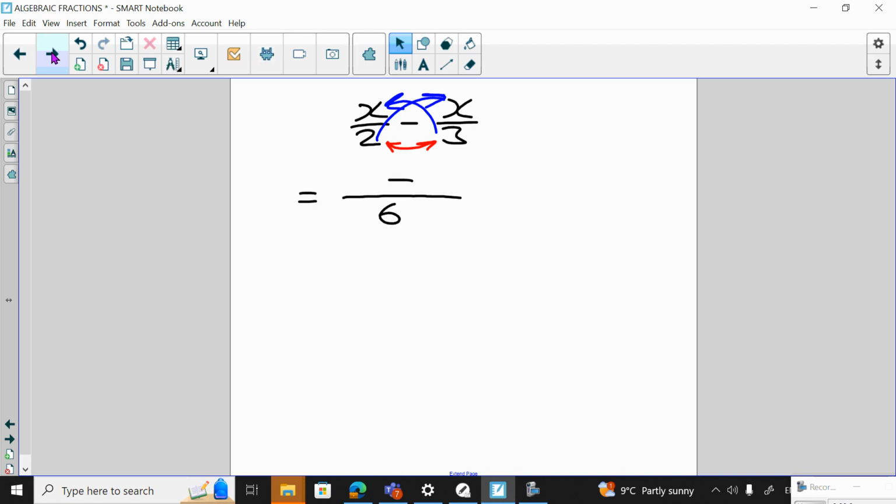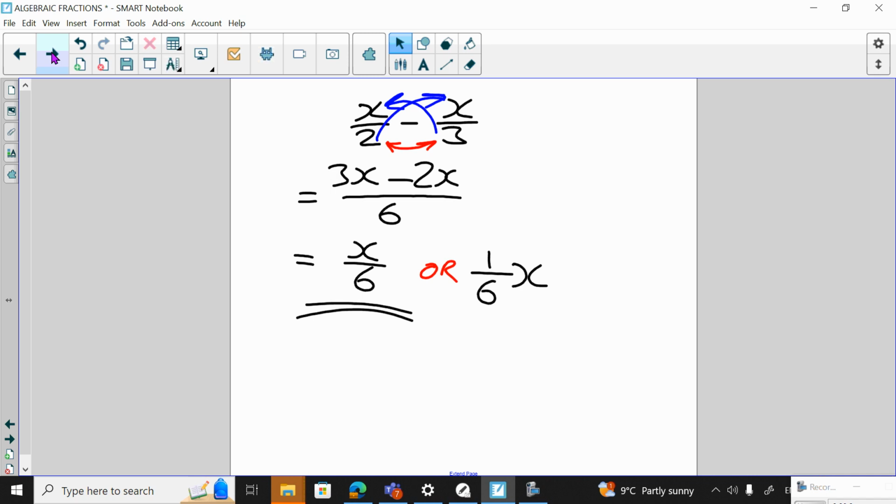It's a minus this time between them, so I'm subtracting. 2 threes are 6. 3x on the left will give me 3x. 2 times x on the right gives me 2x. 3x take away 2x is one lot of x. You could write it as 1x or just x over 6. That looks fine, because dividing by 6 is just the same as taking a 6th of something.